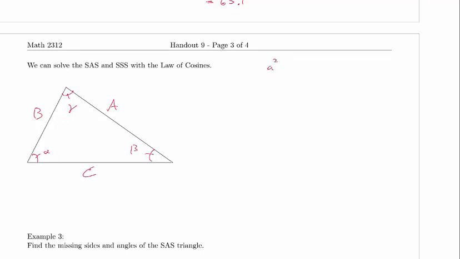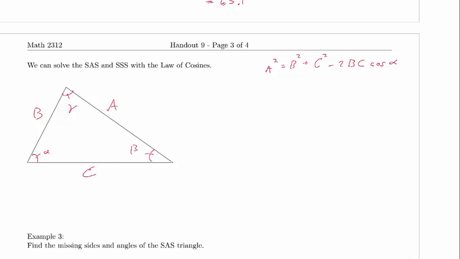We've got a squared equals b squared plus c squared minus 2bc cosine alpha.